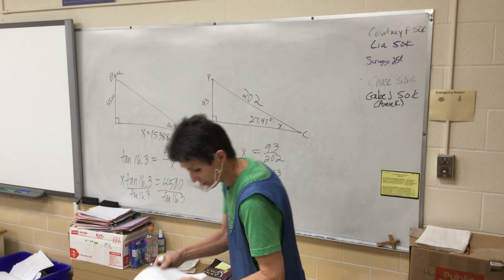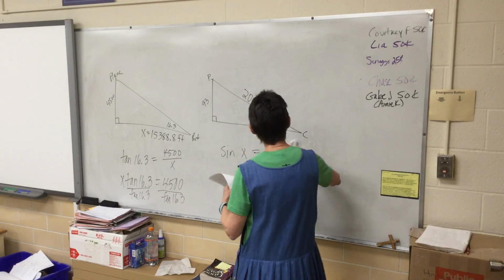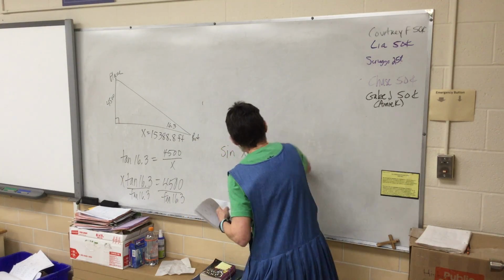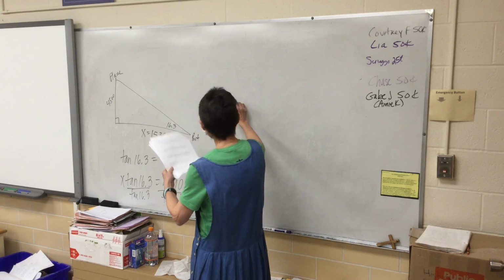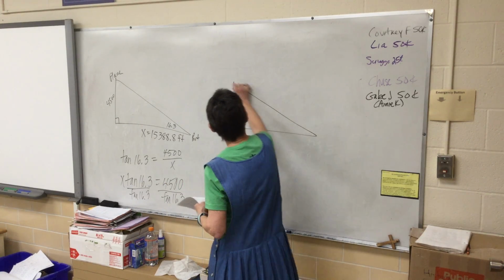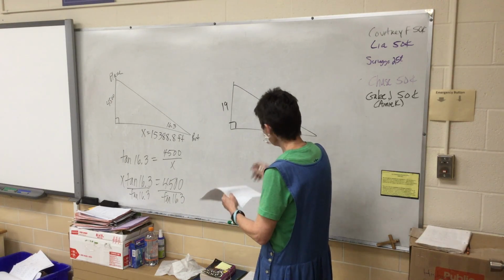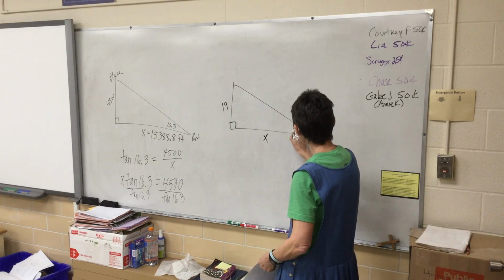All right, let's quickly get two more done. Here we go. The length of the shadow of a 19-foot flagpole. So we've got our flagpole. It's 19 feet. We're going to find the length of the shadow, and the angle is 59 degrees.